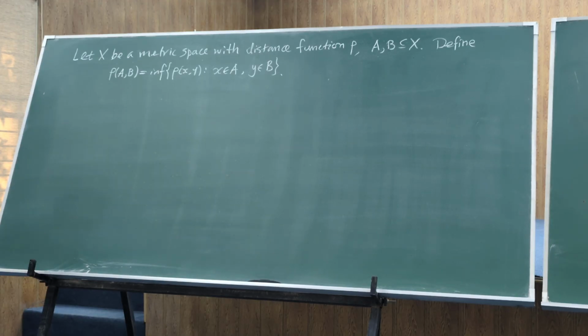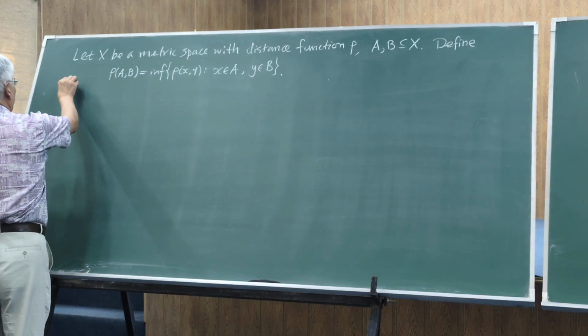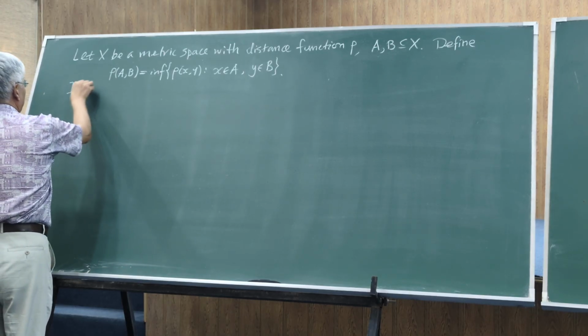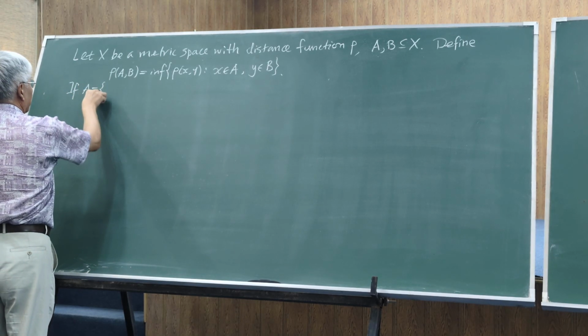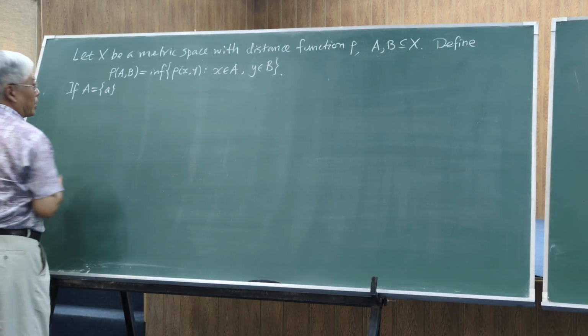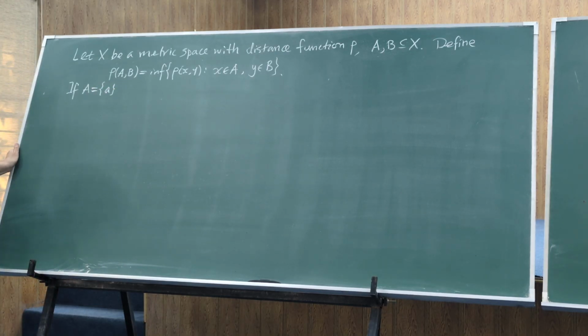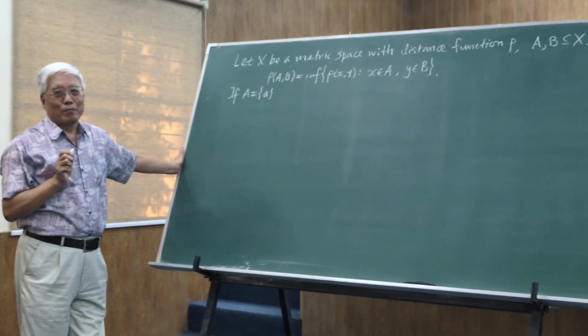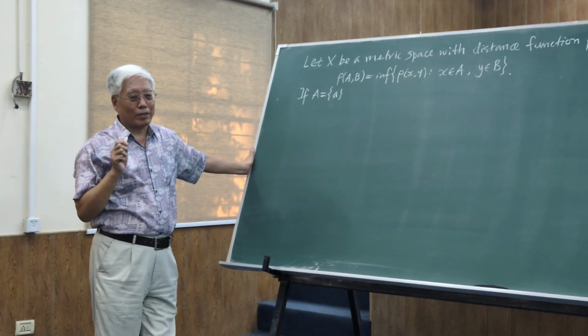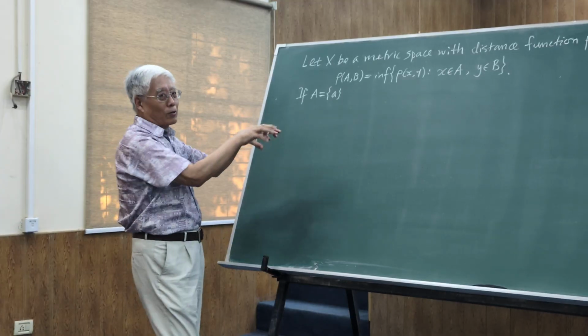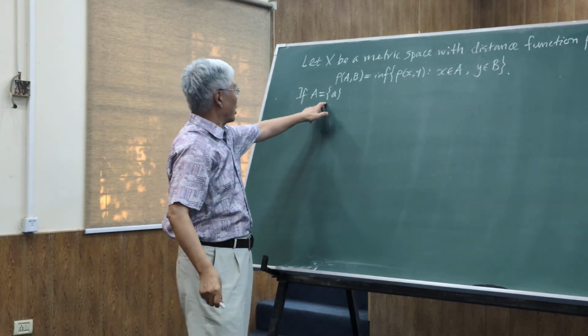And if one or both of them is a single element, let us just keep one. If A is a single element, we want to be lazy mathematicians, who always want to do less and get more results, which is probably not true now, because we are making too much effort to get just one paper published. But mathematicians are known to be lazy, even in typing on the computer, you don't want to type these two.